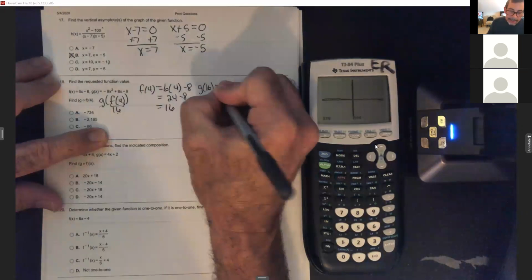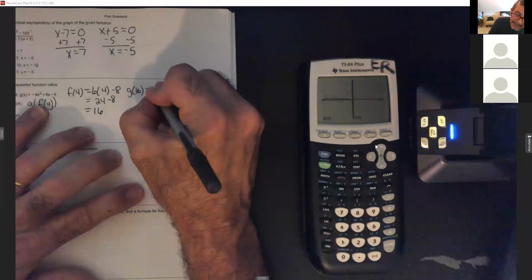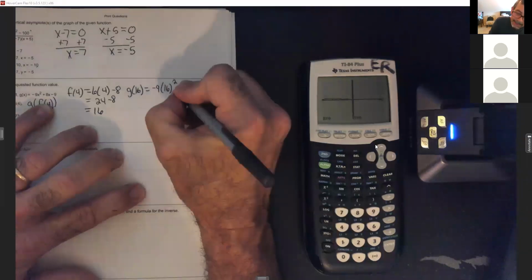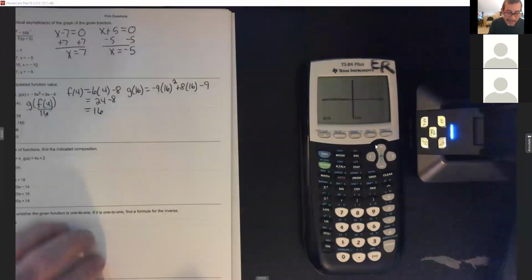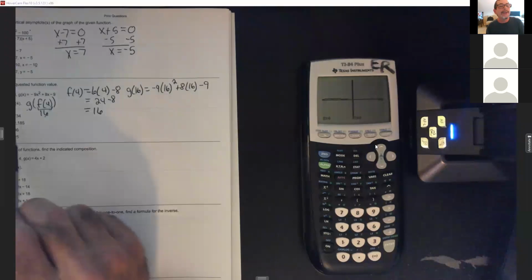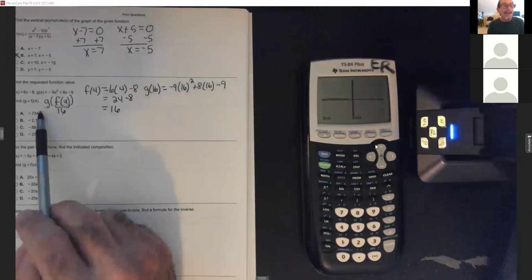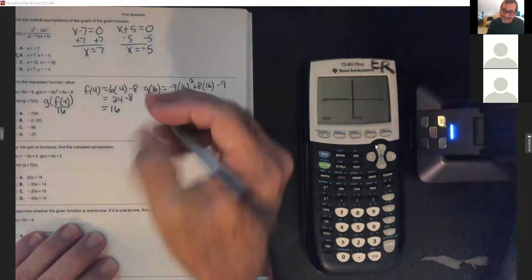Oh, that's going to be big right there, y'all. I got negative 9 times 16 squared plus 8 times 16 minus 9. I was thinking some of these numbers looked a little big over here, if you notice: 734, 2185, but with that 16 being squared, I'm not so sure, right?